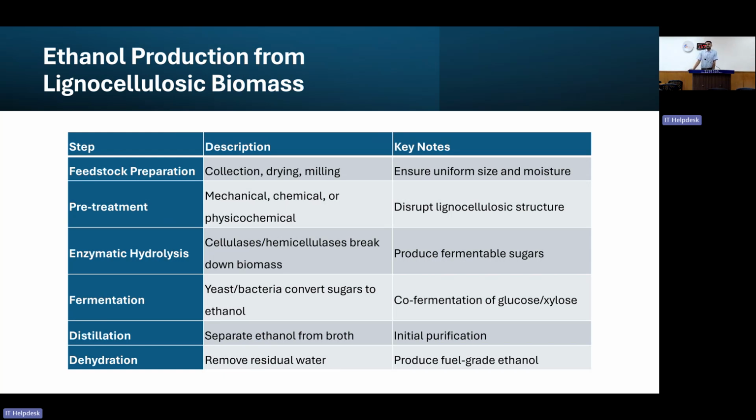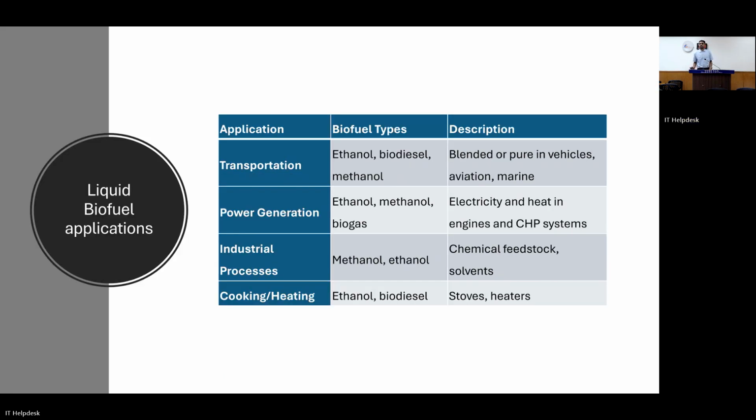This process has similar steps: feedstock preparation, pre-treatment, enzymatic hydrolysis, fermentation, distillation, and then dehydration to convert it into high purity bioethanol. These are some applications of the liquid biofuels. Mostly the liquid biofuels are used in transportation, power generation, industrial processes, and also for cooking and heating purposes.